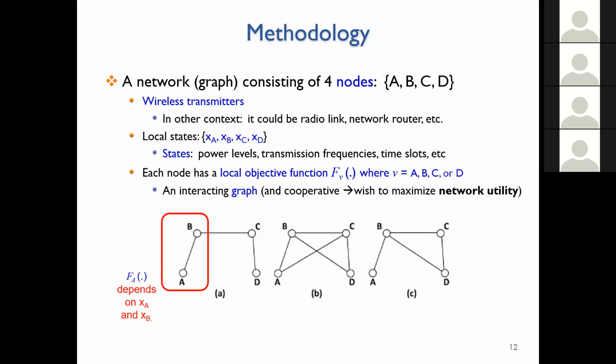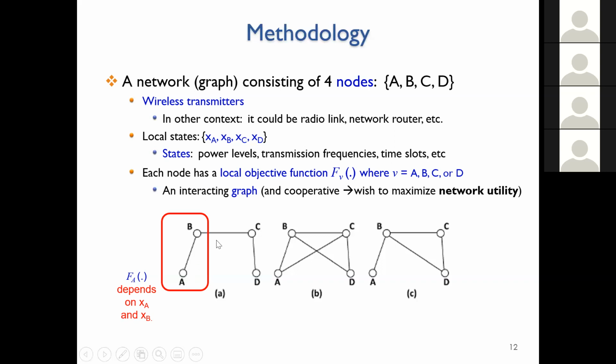Here, A, B, C, D are the nodes of a graph, which means device A, device B, such as a smartphone, or the user, the receiver. You have your base station to transmit. In the graph, you don't see the representation of the base station, because what you care about now is simply what the devices, the users, will receive in terms of SNR or delay or throughput, for example.